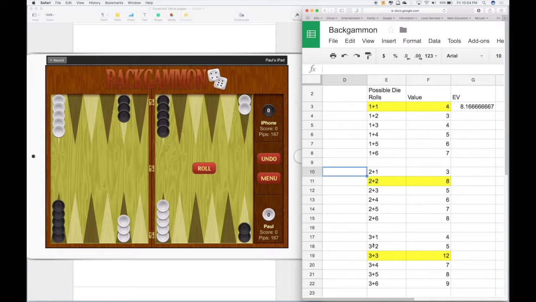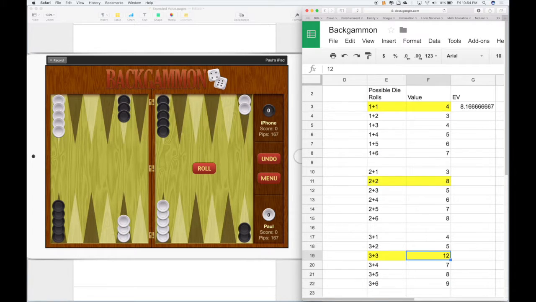There are 36 things that can happen. And the value of each roll I placed over here. If I roll a 1 plus 4, that's a value of 5. If I roll a 2 plus 6, that's a value of 8. But if I roll a 3 plus 3, that's not a value of 6, that is a value of 12.